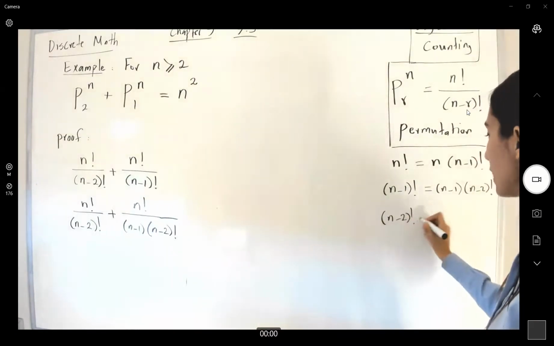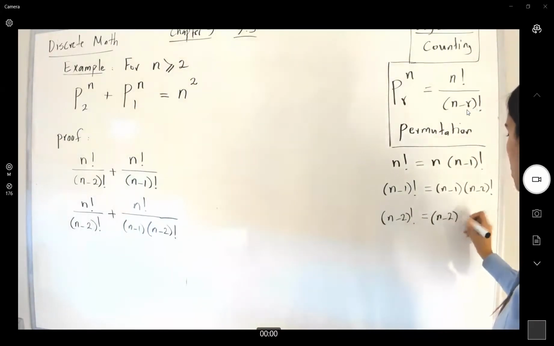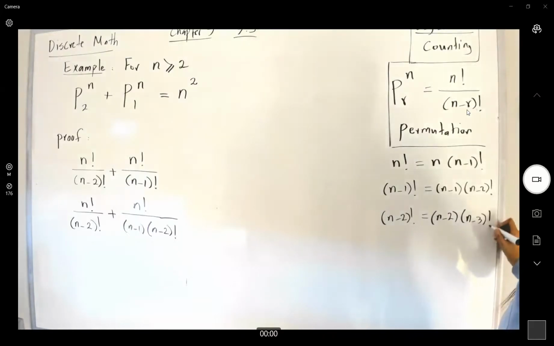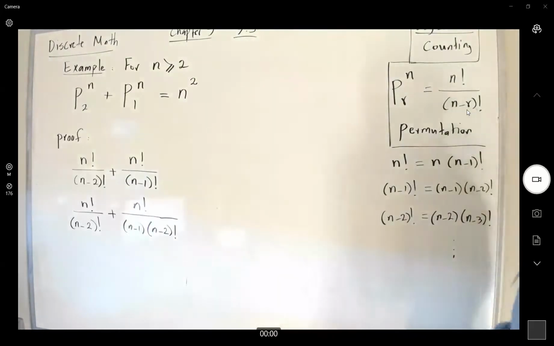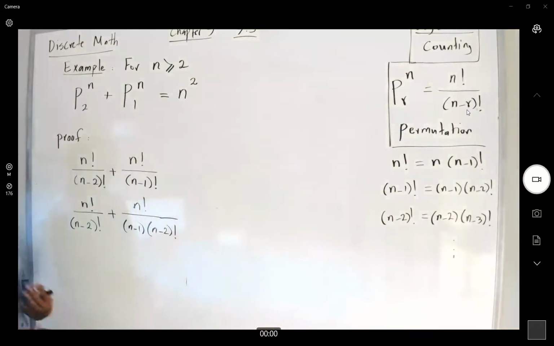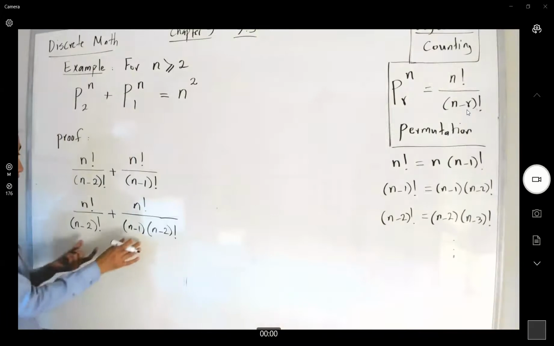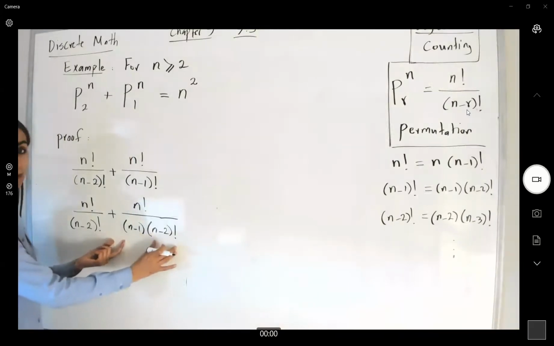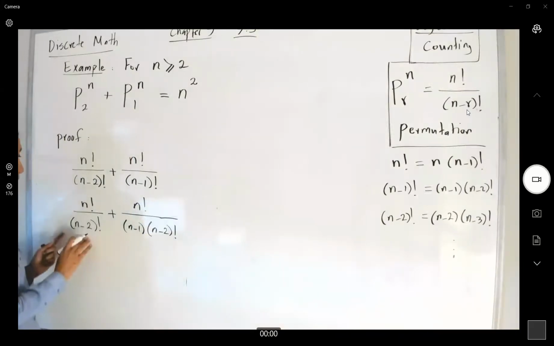n minus 2 factorial is n minus 2 times n minus 3 factorial, and so on. So very well, what is the common denominator? The common denominator is n minus 1 times n minus 2 factorial, but this term is missing n minus 1.